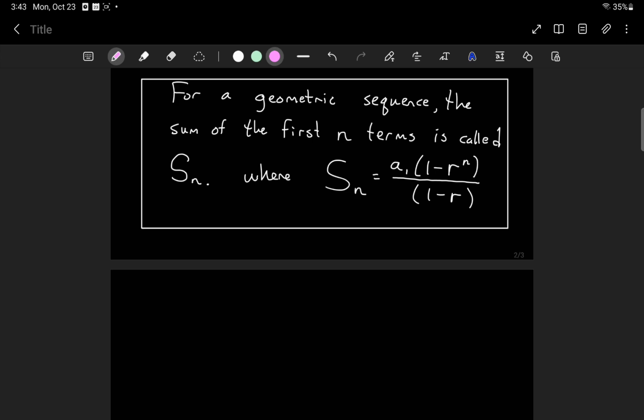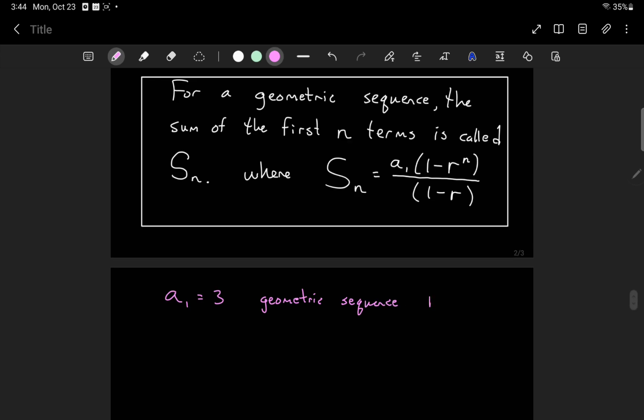Now that you have this formula here, so R is the common ratio, A sub n, if I give you a problem where I say something like A sub 1 is equal to 3, it's a geometric sequence, R is equal to 2, and that's everything I need you to know about this, right?